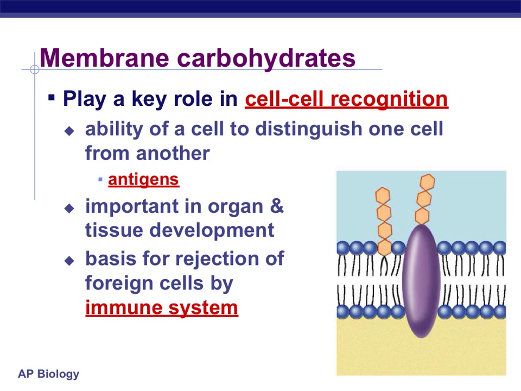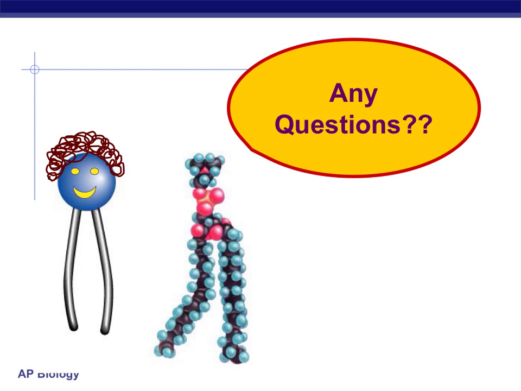And if the antigen that we're talking about is the wrong one, the body will reject those foreign cells. So again, you want to understand the main function of the cell membrane. It's really to control transport. But the structure and the macromolecules involved and understanding of the fluid mosaic model can be pretty complex. So you want to, again, spend time with your readings and spend time with any extra resources that are provided or available to you.